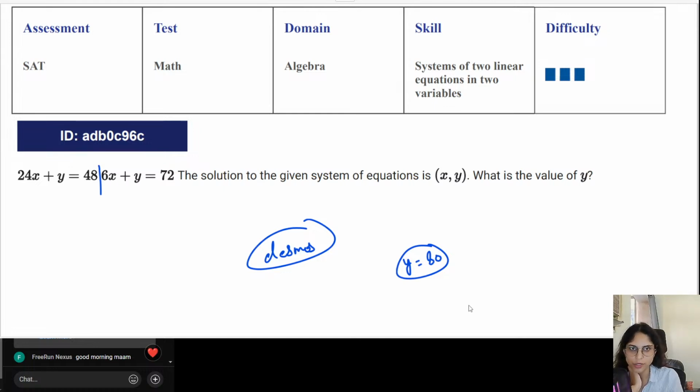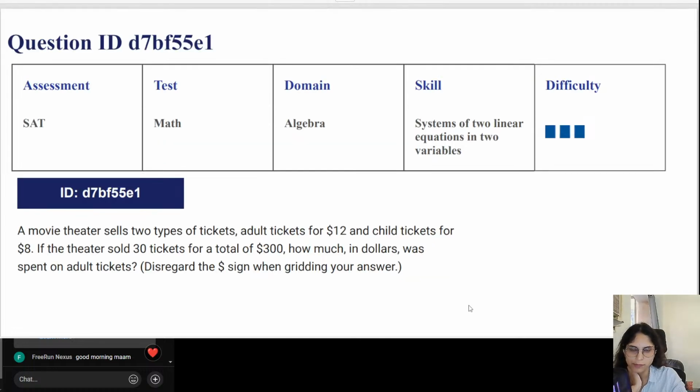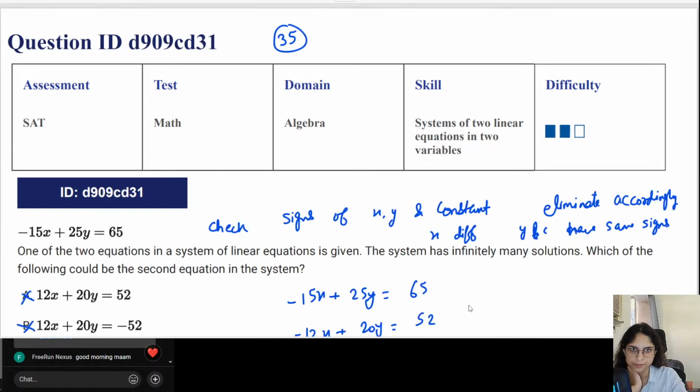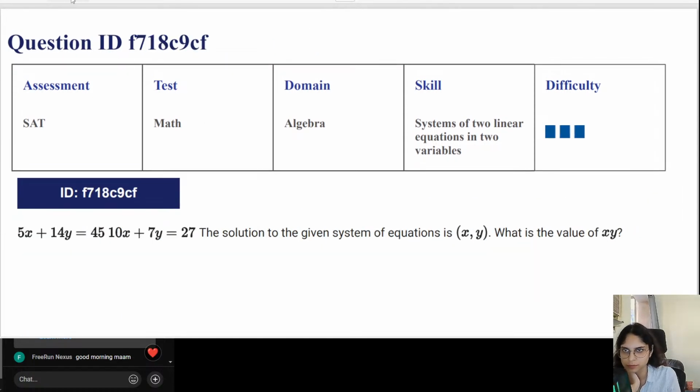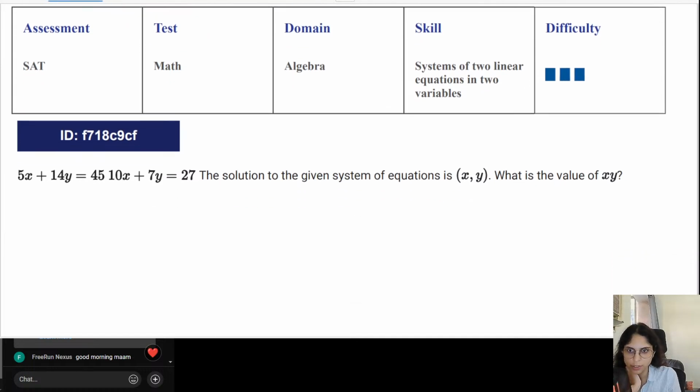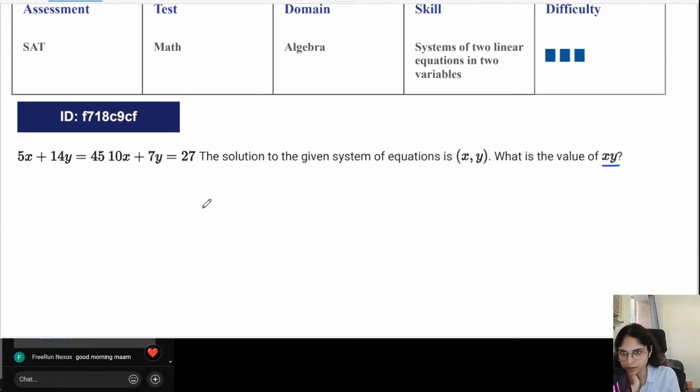Next is question number 40. They want to know what is the value of x times y. Yeah, again, there is no such thing.